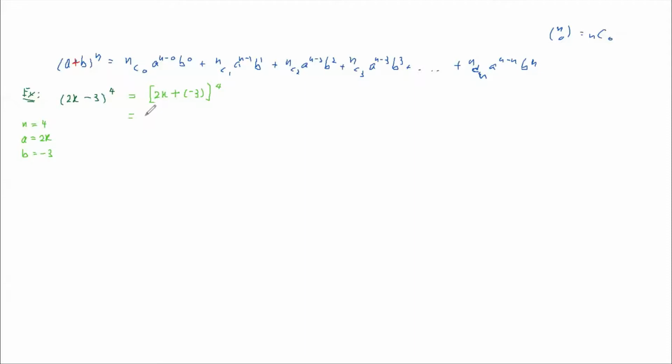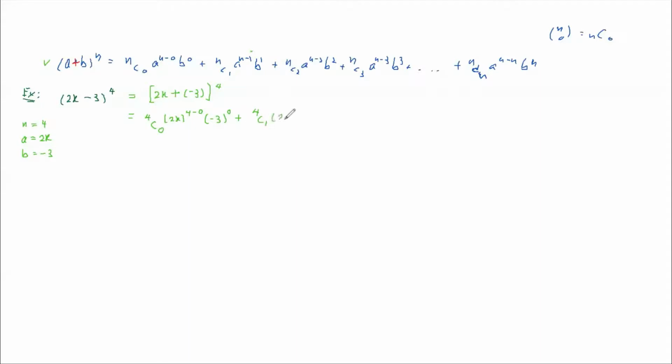From the formula again, the first term is nC0, so n is 4: 4C0. A is 2x, power 4 minus 0, and then B is negative 3, power 0. Plus the second term: 4C1, next to 4C0.